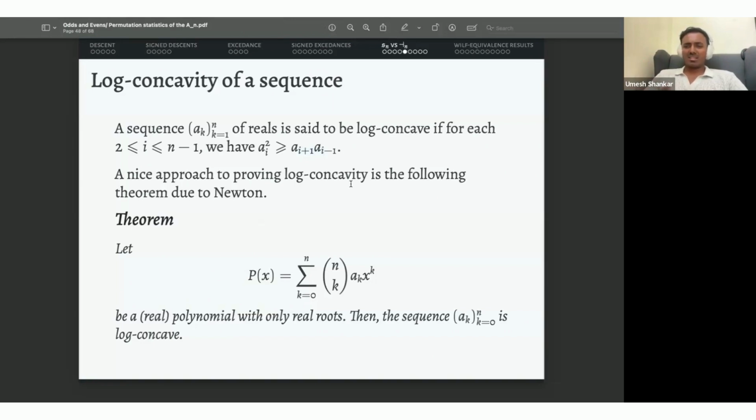Typically there are a few methods to show that sequences are log-concave. One of them is this theorem of Newton, which says that if you have a polynomial with real roots, its coefficients have to be log-concave. This is one way of getting log-concavity.